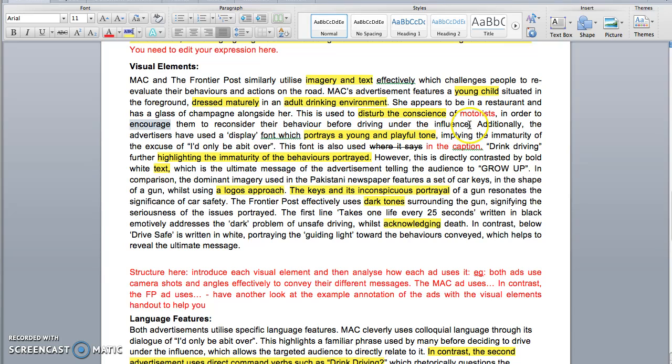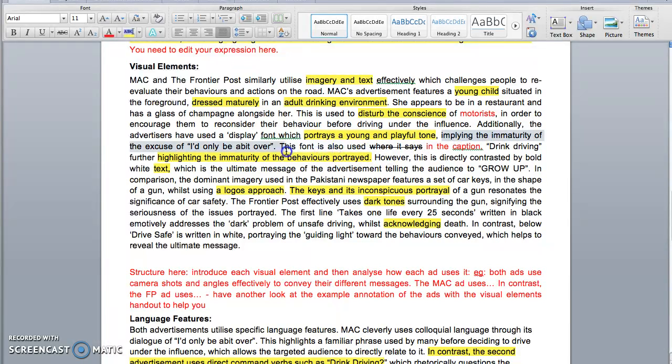Okay. The advertiser used a display font. So yes, it's a display font which mimics childish writing to convey the young and playful tone of a child. However, this is juxtaposed, isn't it?